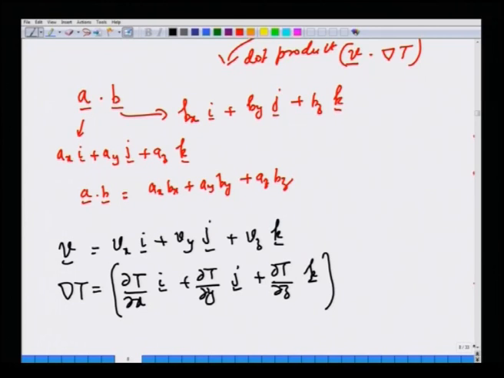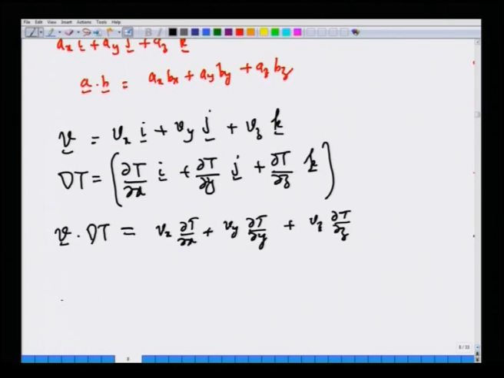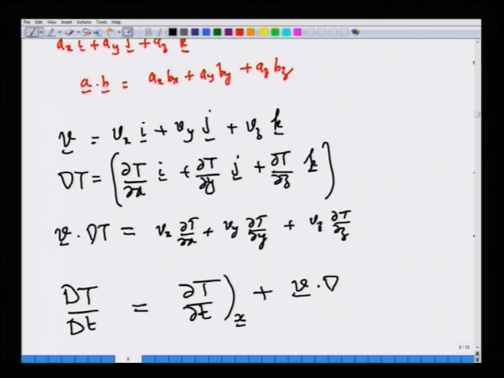If I take the dot product of these two vectors, V dot del T, then you get Vx partial T partial x plus Vy partial T partial y plus Vz partial T partial z. So, we can write the substantial derivative of temperature in a more compact form as the local time derivative of temperature at a fixed spatial location plus V dot grad T. This is for 3 dimensions.